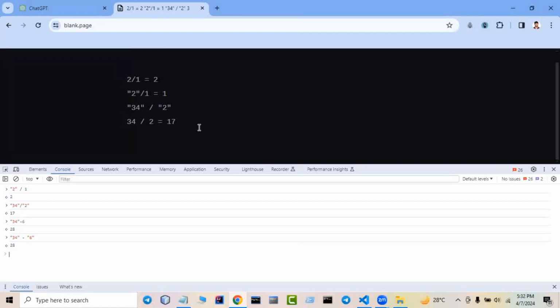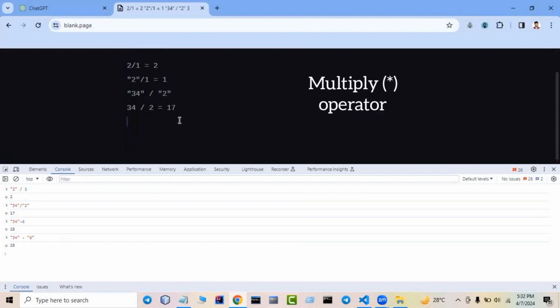Now let's talk about the multiply operator as well. Suppose I write 27 multiplied by the string representation of 2. What will it give? It should give 54, and it will give 54. Why?